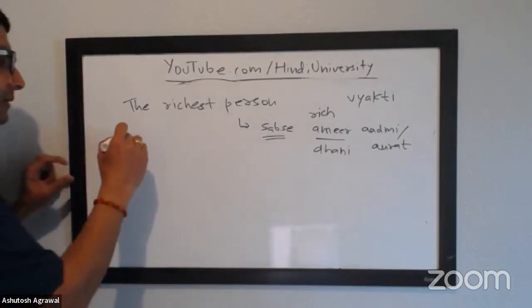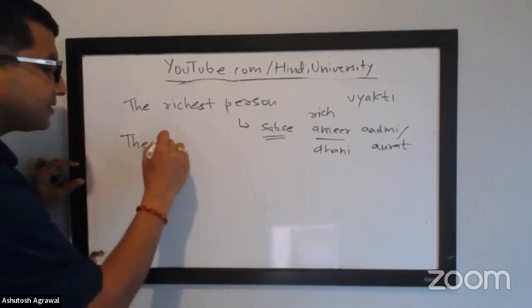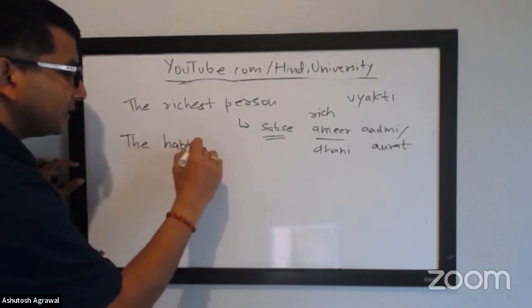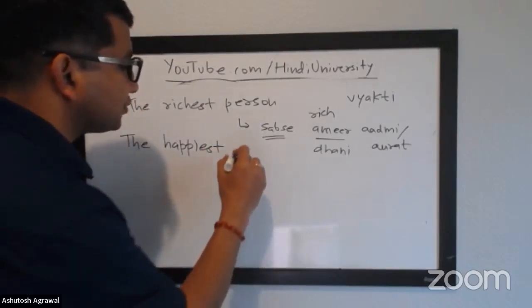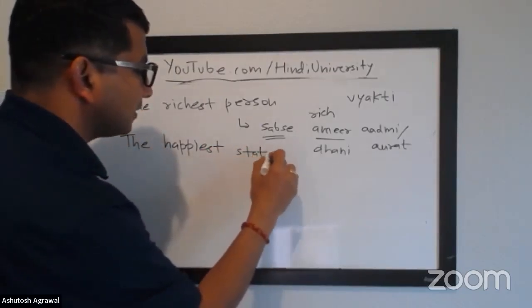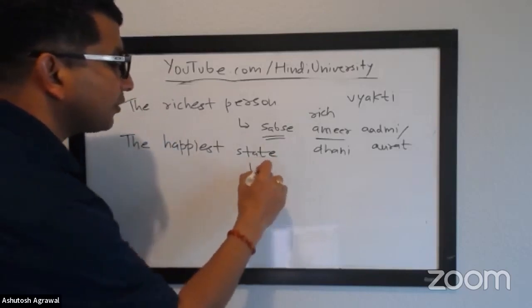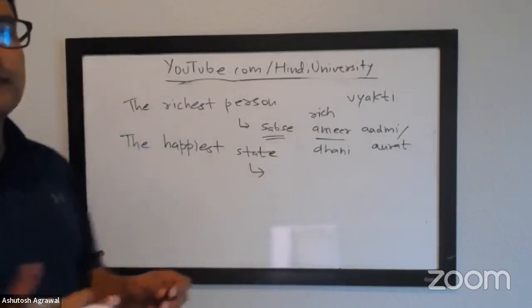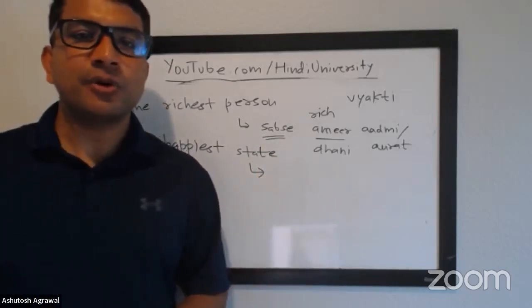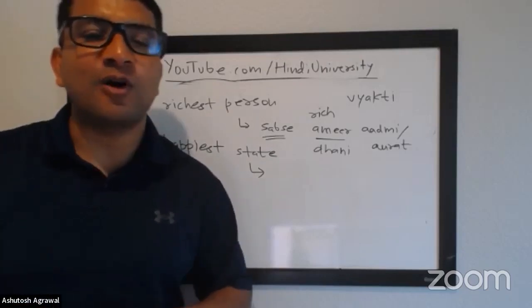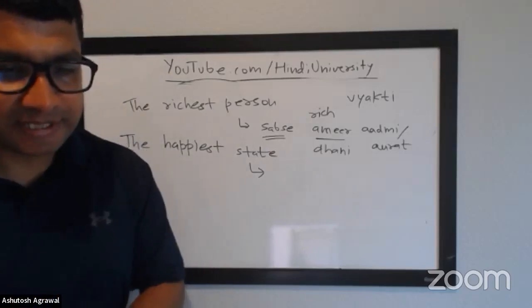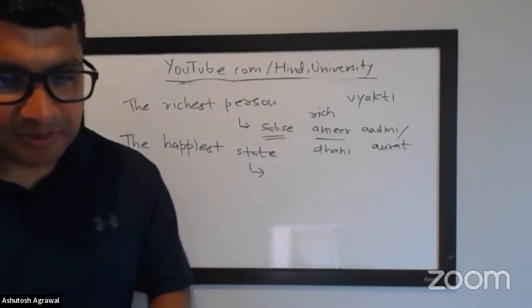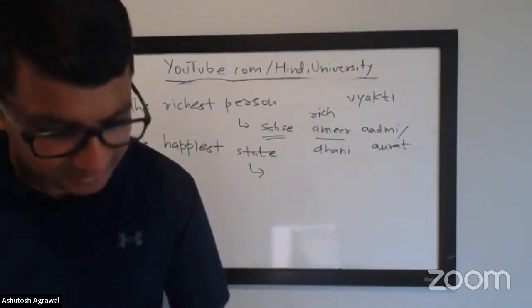Okay, sometimes they write the happiest state. Okay, let's say you're talking about the country has many states, but you want to say, okay, this is the happiest, like in all the indices, this state is considered the happiest state. Okay, Jackie ji, how would you say that?